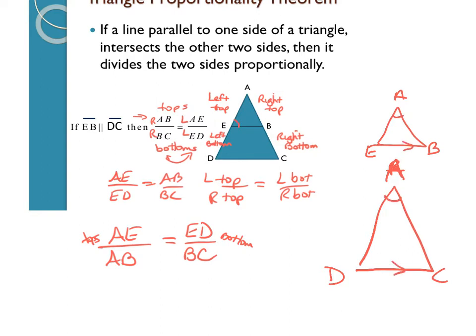So we would have corresponding angles here. And you could do it on this side also. I could show that these triangles are similar by my AA similarity postulate, and that's why I can set up all these proportions. So if they were to ask you about EB or DC, you would have to refer back to what we did prior to this lesson.